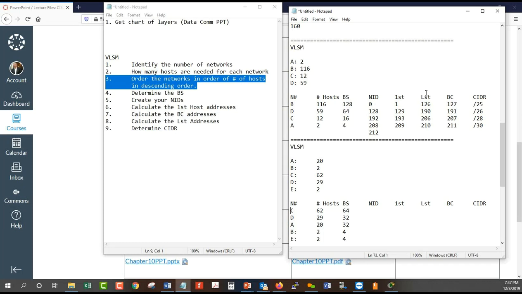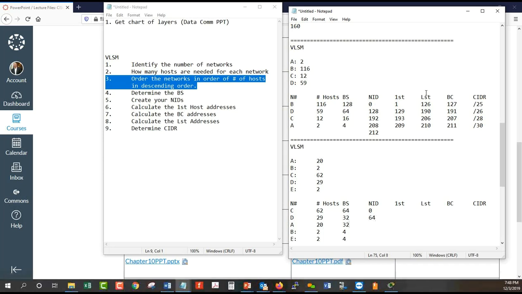Now we need to create our network IDs. So Sharim, what's our first network ID? Very good, 0. And Patrick, what would be my second network ID? Very good, 64. That's 64 plus the 0 up above. So I've got 64 here.